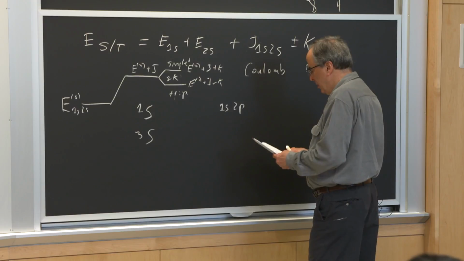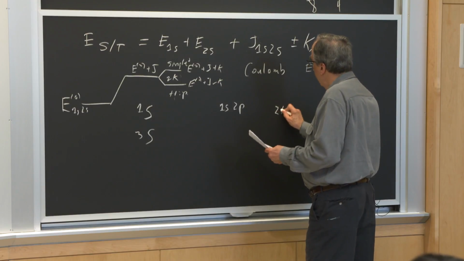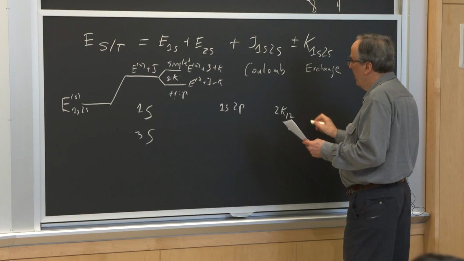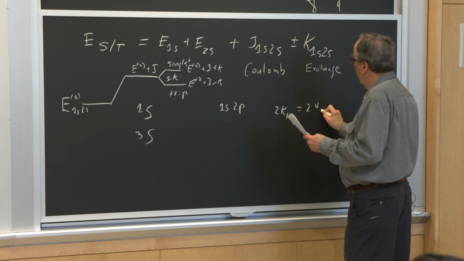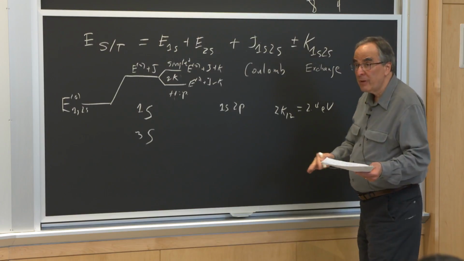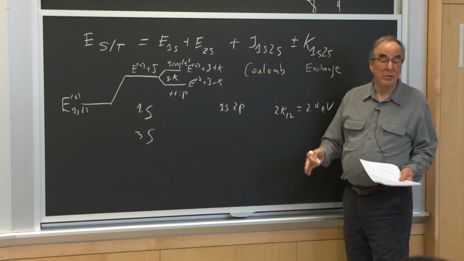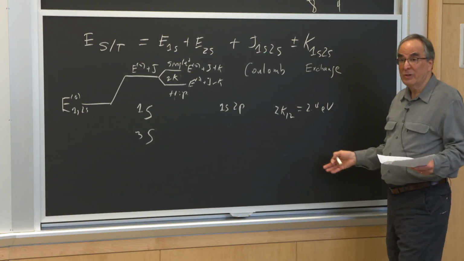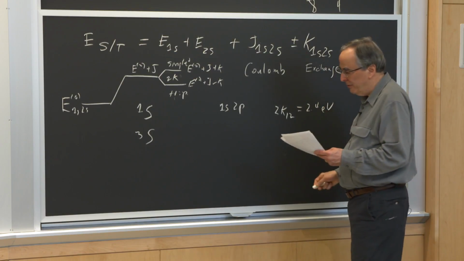And so 2K(1s,2s) is 2.4 electron volts. And that's a perfectly doable calculation because you're dealing with simple functions, and you can do this integral, and you can actually do it in closed form, but it's 2.4 electron volts.